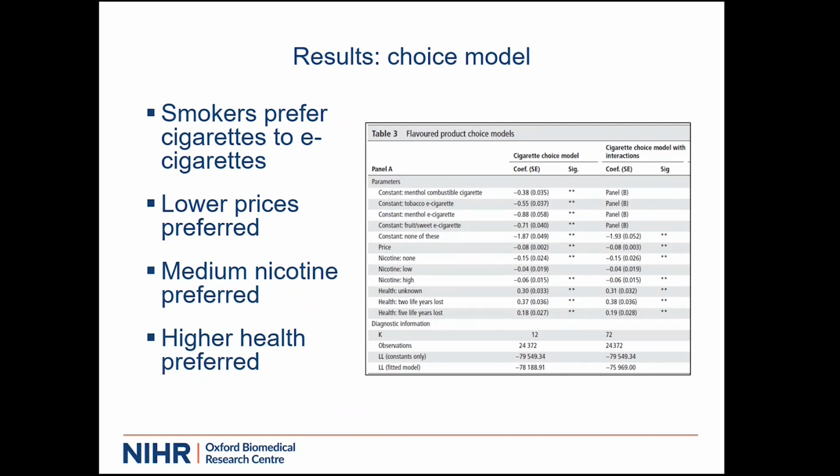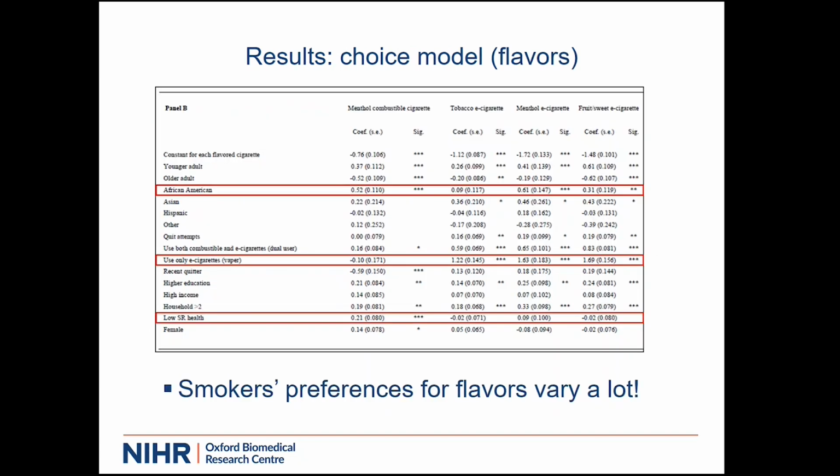We know from sales data that cigarettes are purchased much more heavily than e-cigarettes, so we should expect to see an overall preference for them, which we did. Lower prices were preferred, which is common sense. Medium nicotine was preferred to high, low and no nicotine. And of course, better health products were preferred as well. So nothing too surprising there.